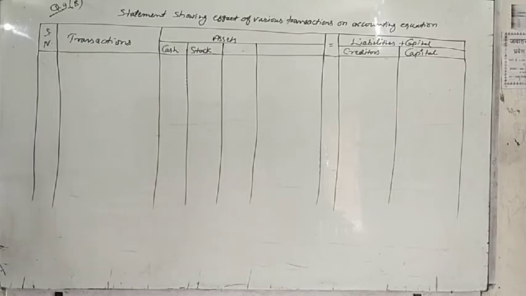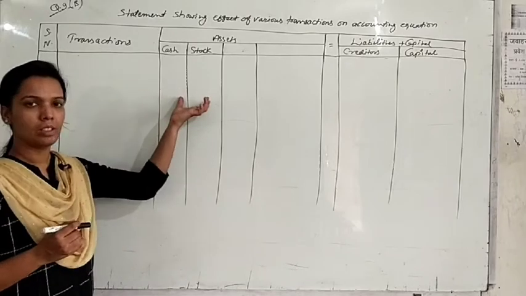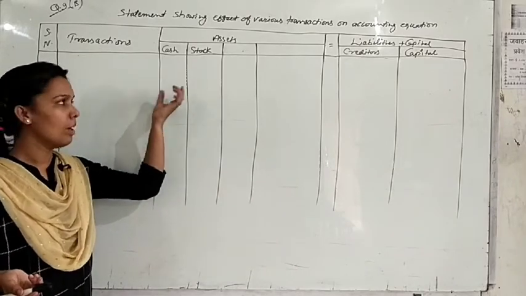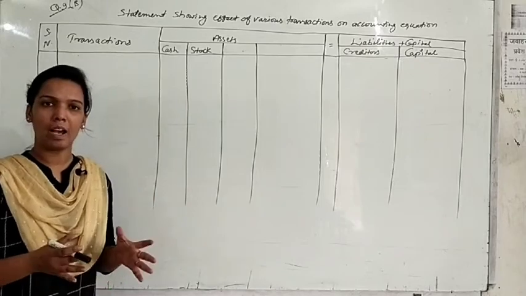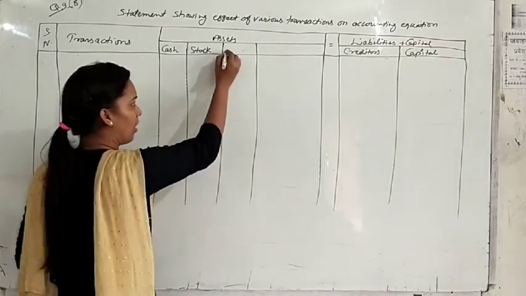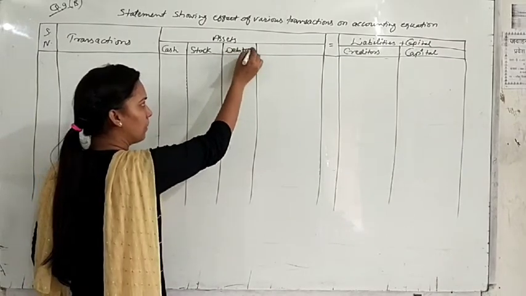You are selling goods, so the first account is stock. When you are selling goods on cash, the second account affected is cash, but you are receiving cash payment only for half. So half the amount will be credit, and the third account is the debtors account.